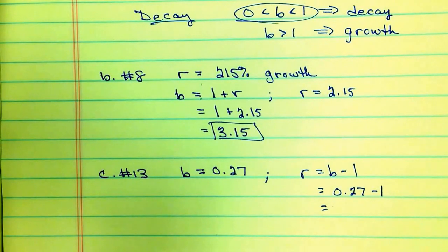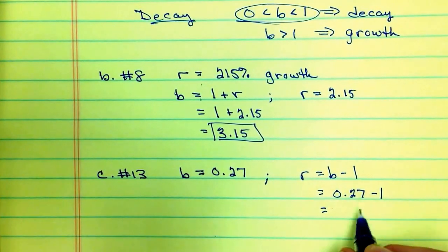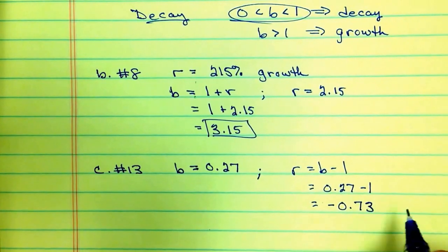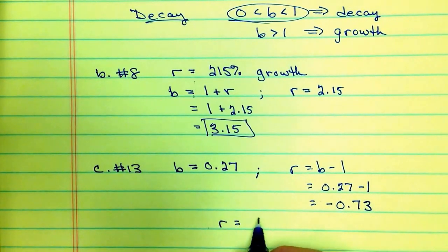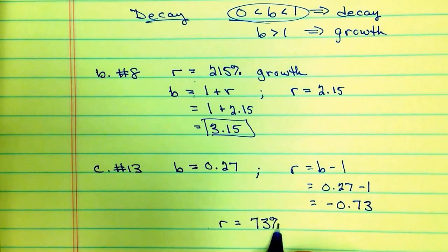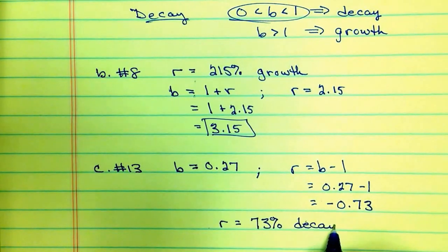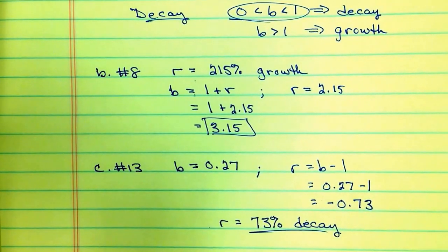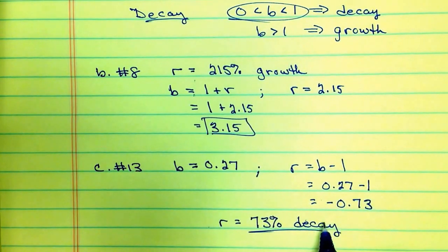So R equals negative 0.73, so R equals 73% decay. All right, so when it's negative, that's going to make it decay.